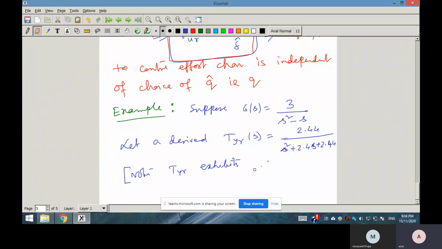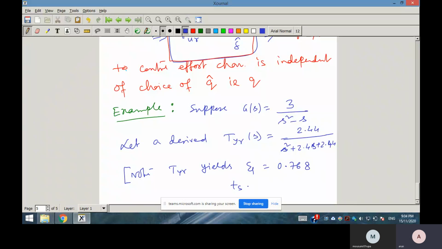You can easily see, verify that TYR yields zeta equal to, you can verify, 0.768, which is a very good design value, good value as far as the system response is concerned.